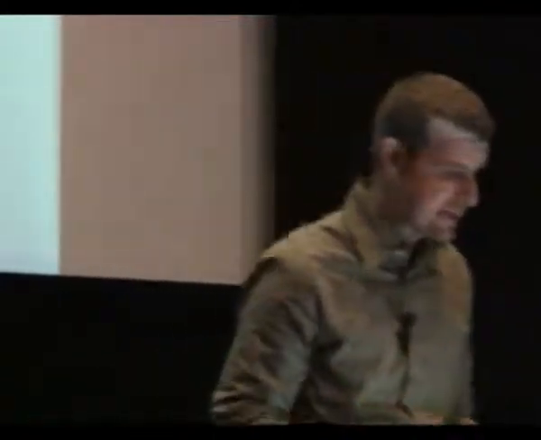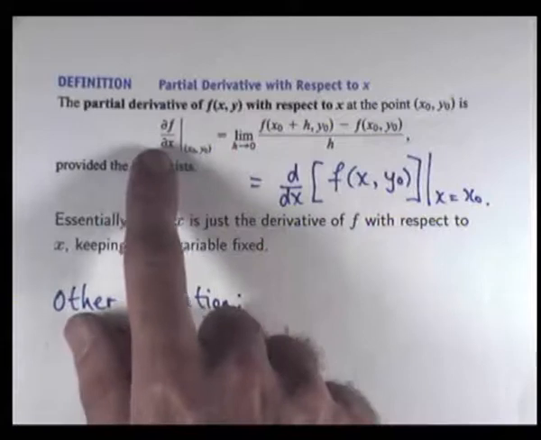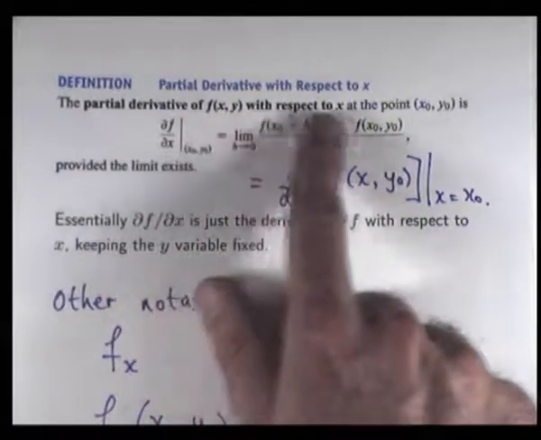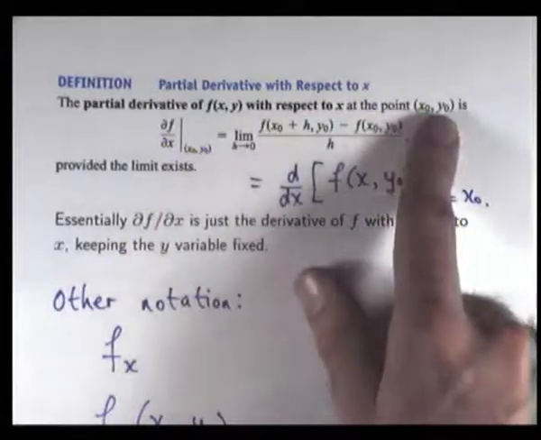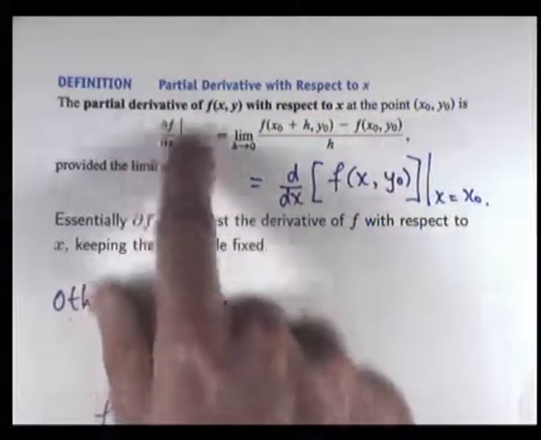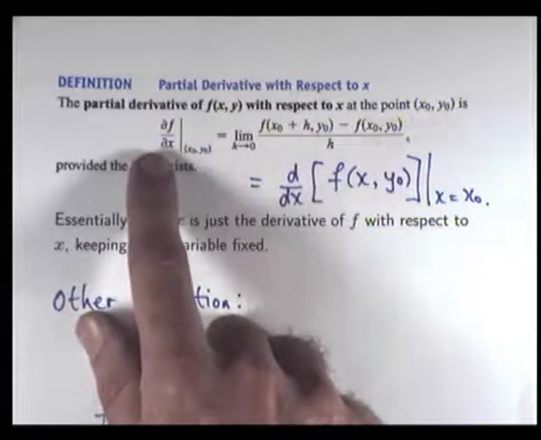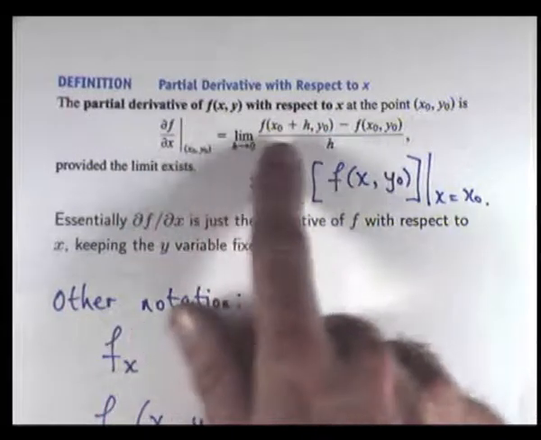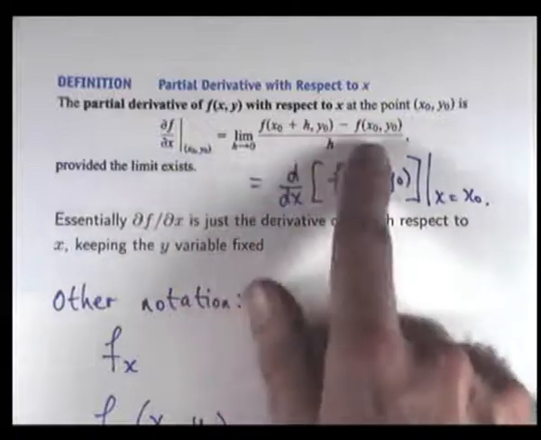All right, so let's talk about what a partial derivative actually is. Here's a limit definition. The partial derivative of a function of two variables with respect to x at some given point is denoted by this df dx, where the d's are curly, and it's given by the limit of this quotient.